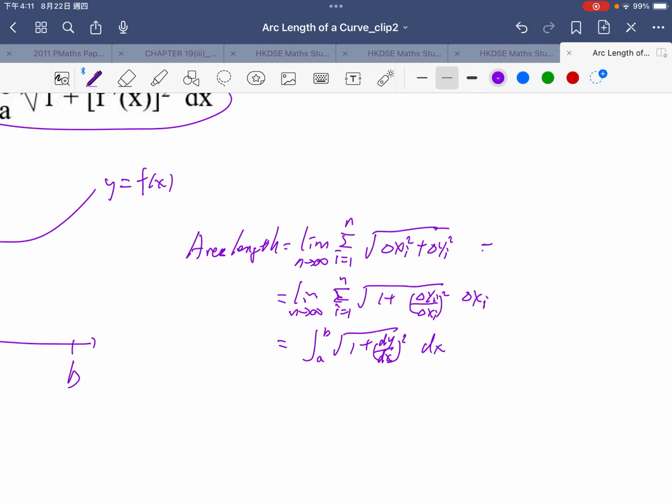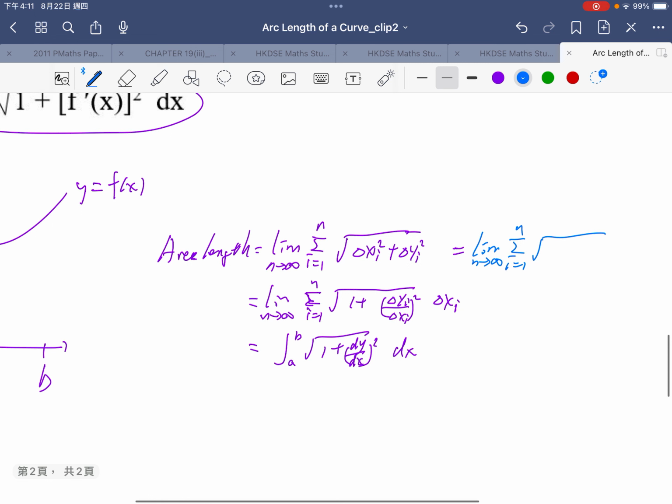On the other hand, if we do not factorize delta x outside, I use another color for this. If I factorize delta y outside, then this becomes (delta x over delta y) squared plus 1.